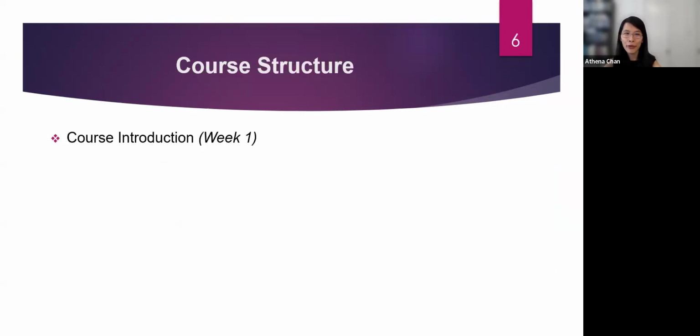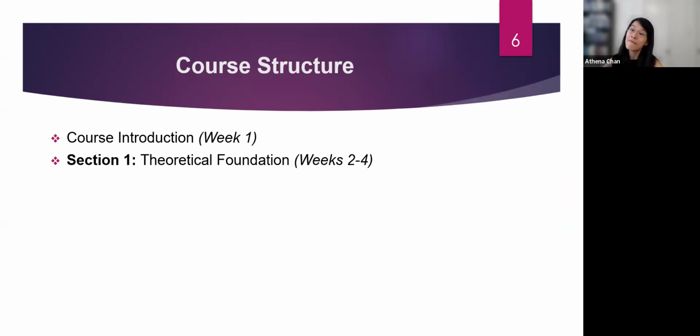Next, I would like to go through the course structure. We will start with week 1, that's the course introduction. And then from week 2 to week 4, we will dive into section 1, that is the theoretical foundation. We will go through the overview of family stress, the key model, that is the contextual model of family stress, and the family resilience concepts.